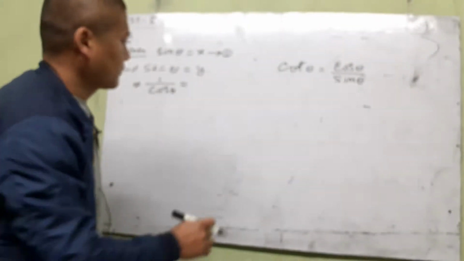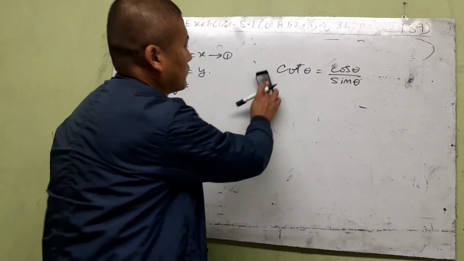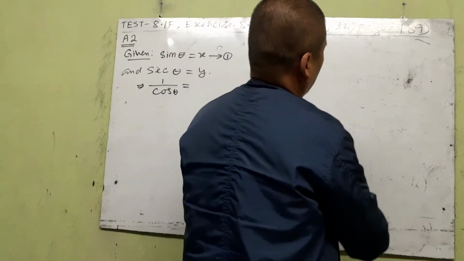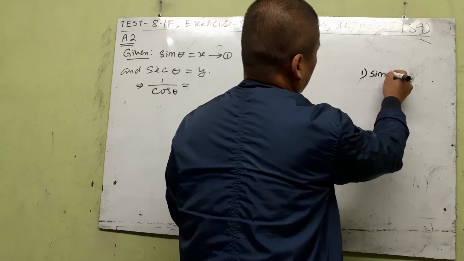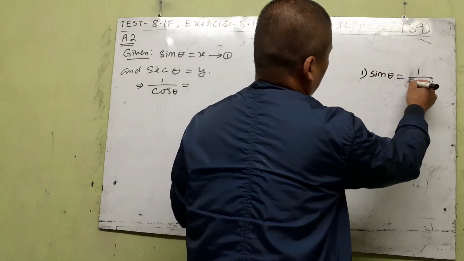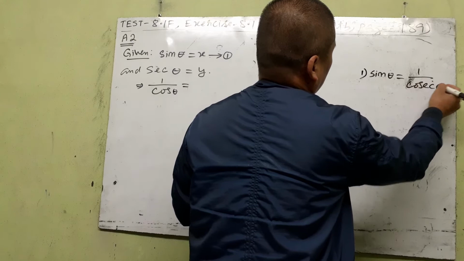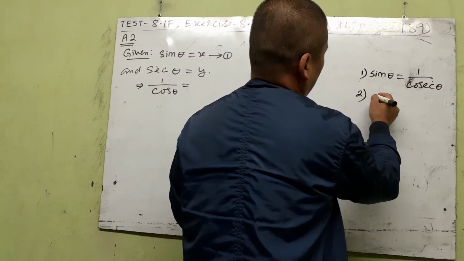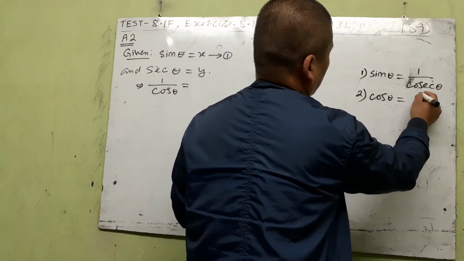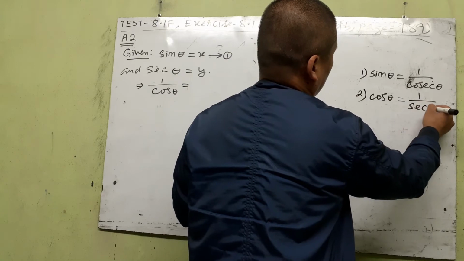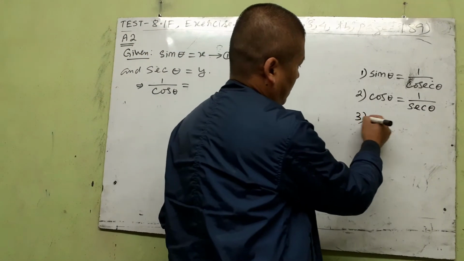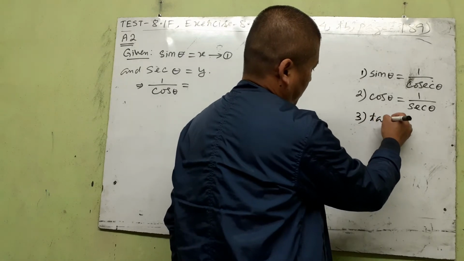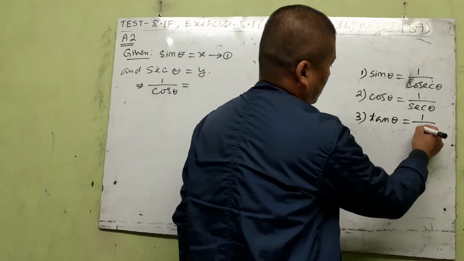Here at this point you can write in your notes some formulas that I'm going to give you, the reciprocal formulas. Sin theta reciprocal is cosec, so 1 by cosec theta. Keep these formulas in your mind. Cos theta reciprocal is sec, so 1 by sec theta. Tan theta reciprocal is cot, so 1 by cot theta.